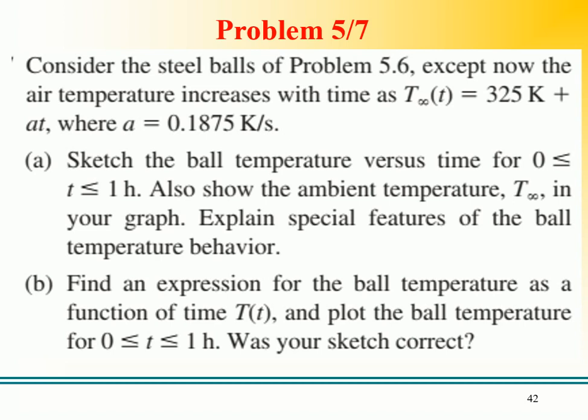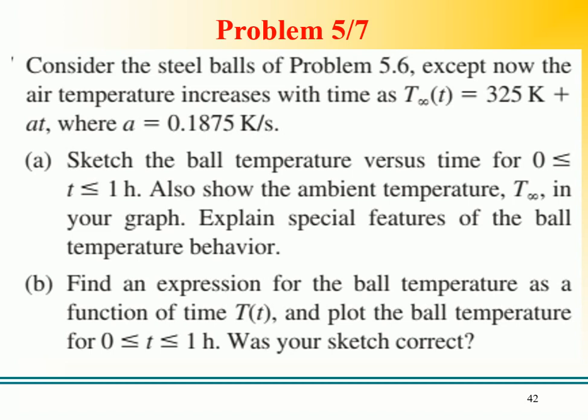Let's continue with problem 5-7. Consider the steel ball of the previous problem 5.6, except now the air temperature increases with time as T infinity of t equals 325 K plus a t, where a is a constant, 0.1875 Kelvin per second.